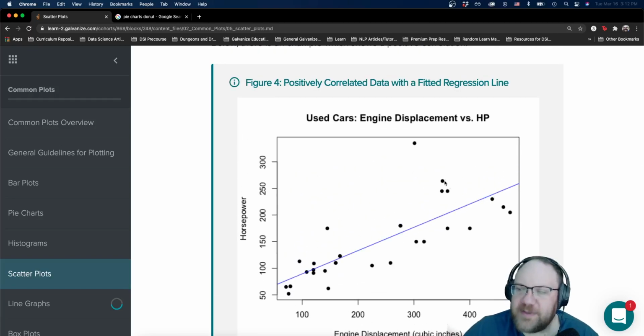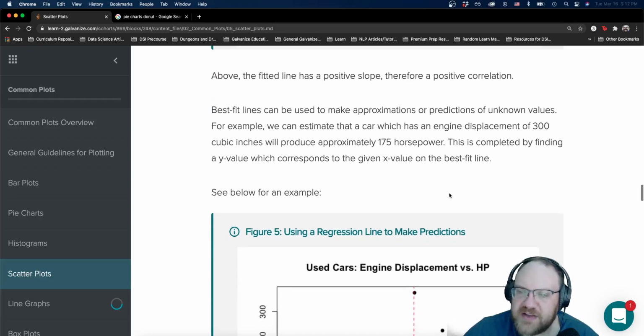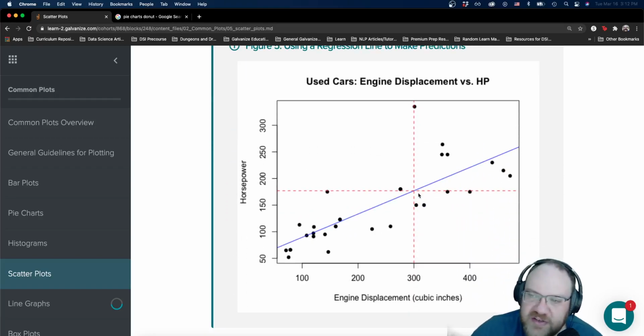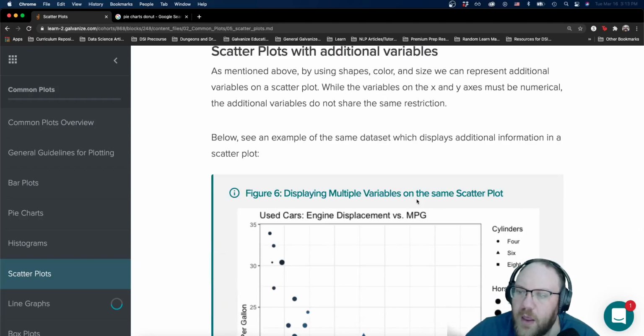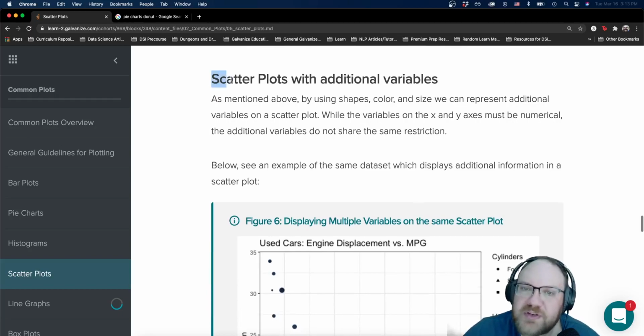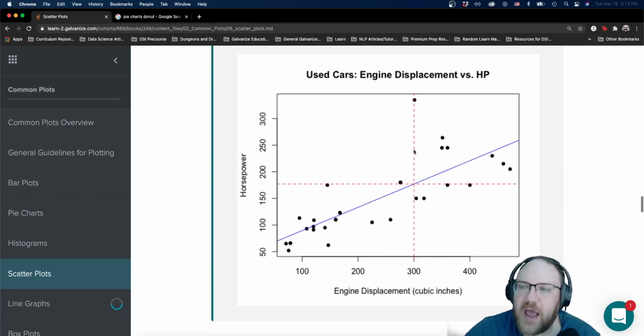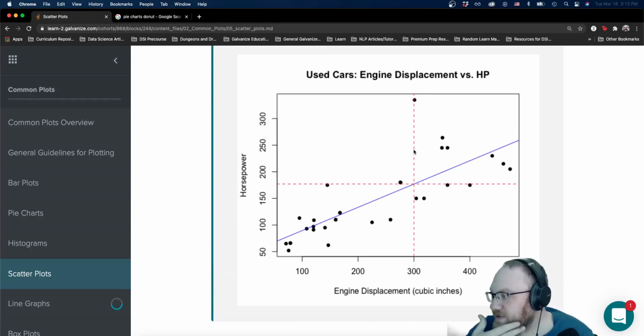So that's typically how we'll see a scatter plot used as data scientists. We can use it to make predictions. I can say, if I have a 300 cubic inch engine, what's my horsepower likely to be? Looks like about 175. That's a good starting point for an estimation. That's the most common use of a scatter plot that you're going to use as a data scientist.